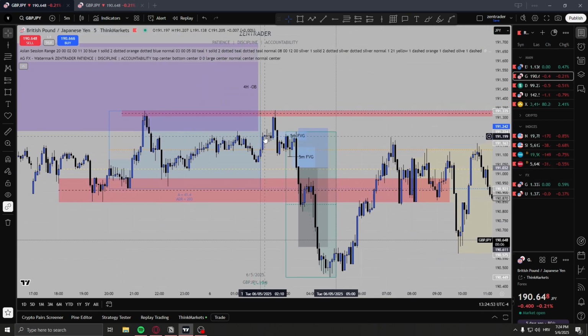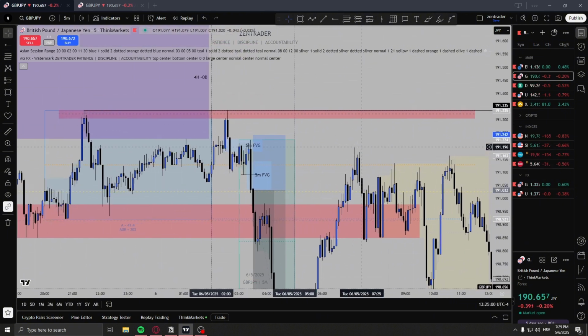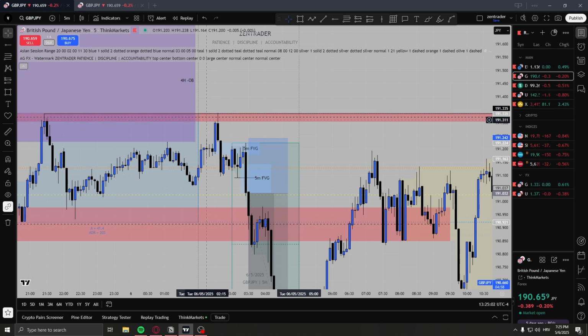Price after 2 ends up sweeping out the Asia high, which is right here. We sweep out that high, and we instantly reverse to the downside. I would like to see a break structure right here, but that did not happen.